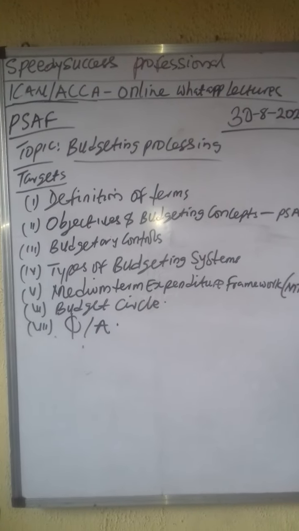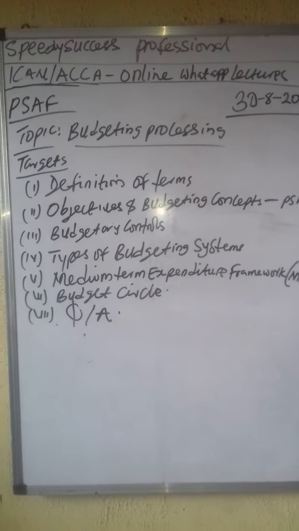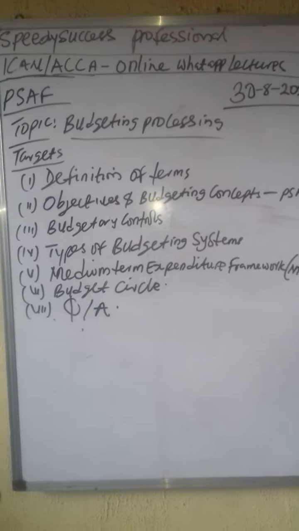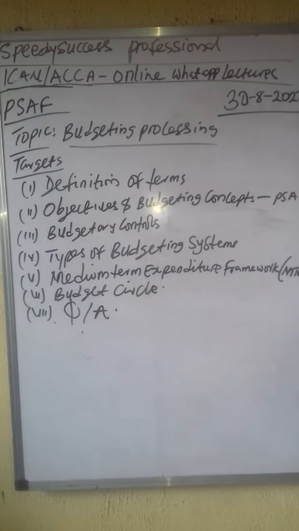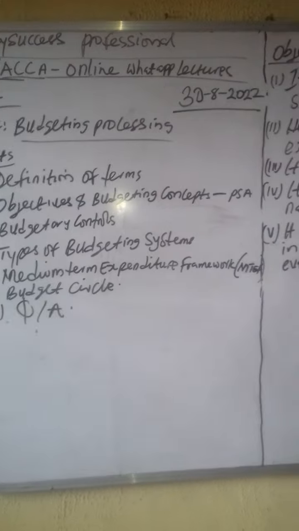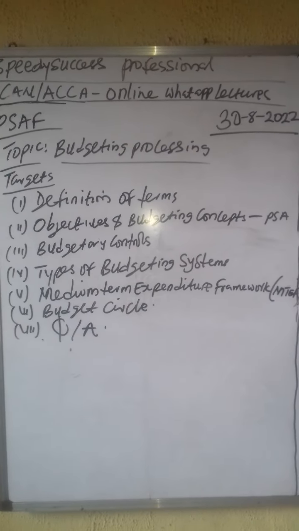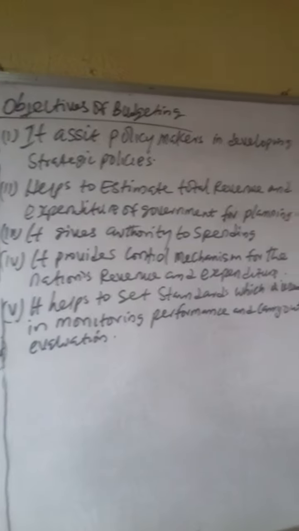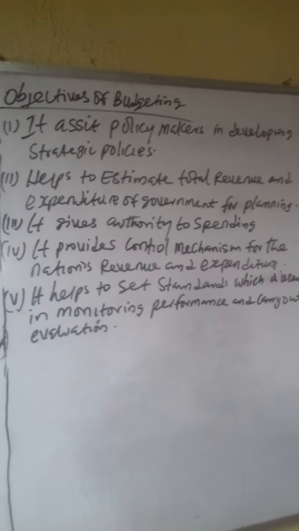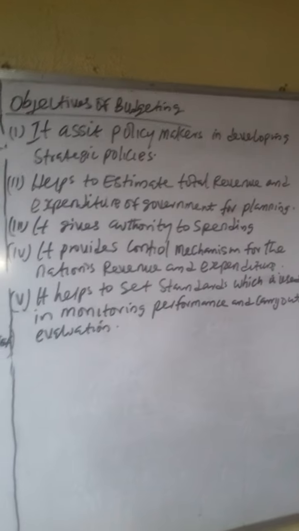So in this class, we have just talked about budgeting. Let's look at the objectives of budgeting in our environment or in the government system. Now, I'm going to mention just a few of these major objectives.